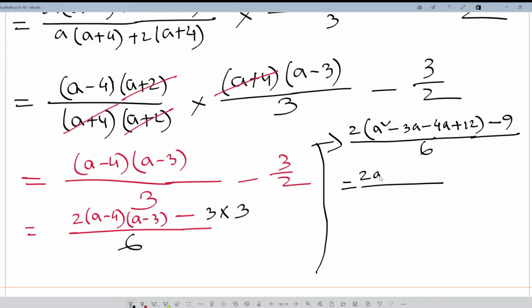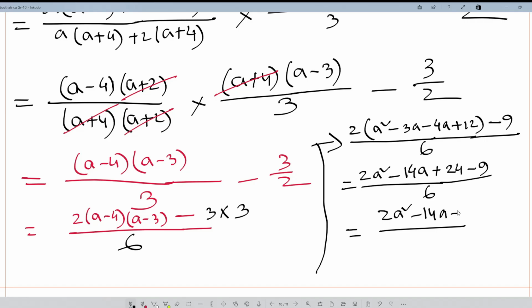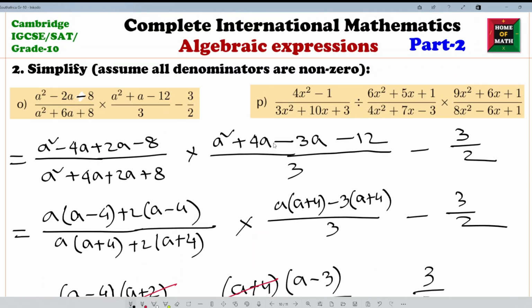So 2a square, minus 3a minus 4a is 7a, 7a times 2 means 14a, plus 24 minus 9, divided by 6. Now 2a square minus 14a plus 15 divided by 6, and this is our answer. Okay, so number O done. Next page we will solve number P.